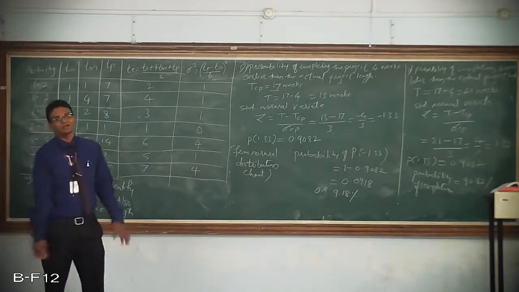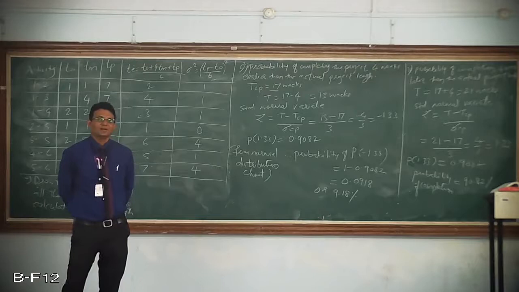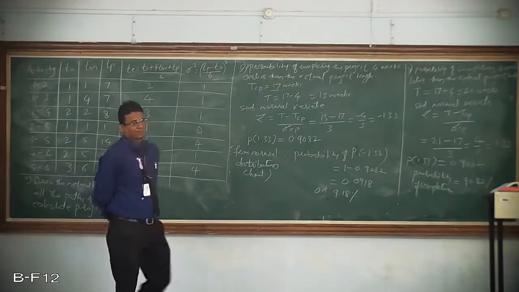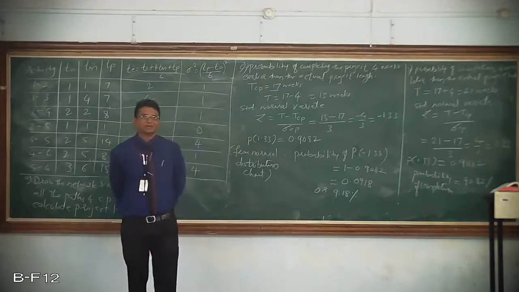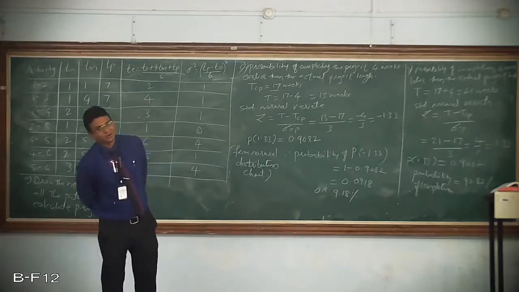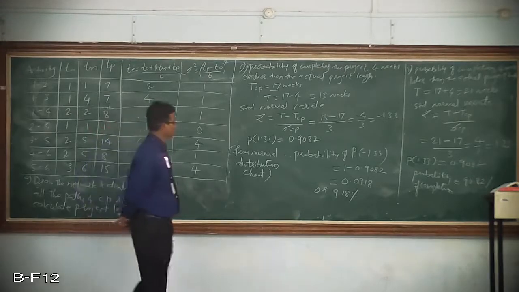So I have added 4 weeks to the actual project length, and then I calculated the Z value using the relation T minus TCP upon sigma CP, and from the normal distribution chart I have identified the probability at 1.33, which is nothing but 90.82%.